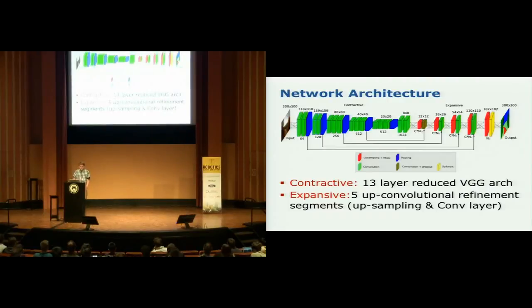First of all, we have a standard 13-layer reduced VGG architecture, which contracts the image, and after contracting it, we upsample it again to get a segmented image. Therefore, we use 5 up-convolution refinement segments. And so we have some up-sampling, rectilinear units, convolutional layers, and at the end, a softmax.